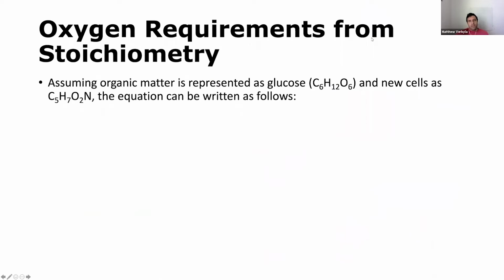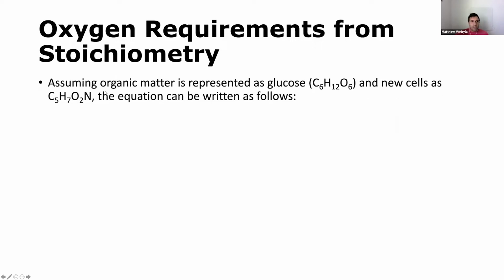The oxygen requirements using stoichiometry. So let's assume that the organic matter in wastewater can be represented as glucose. So we know that wastewater contains lots of carbon compounds, complex, long chain carbon compounds, carbohydrates, sugars, but let's just assume that everything is glucose. All right, so C6H12O6.